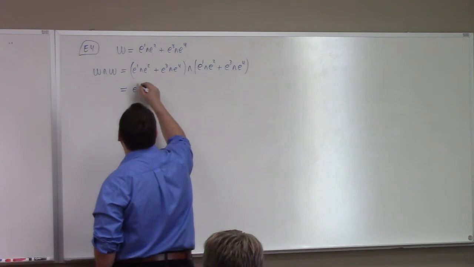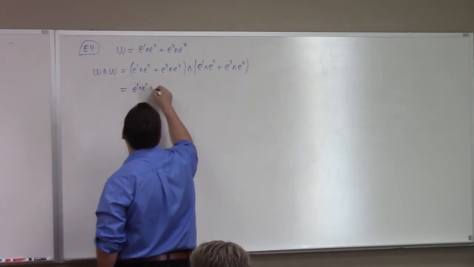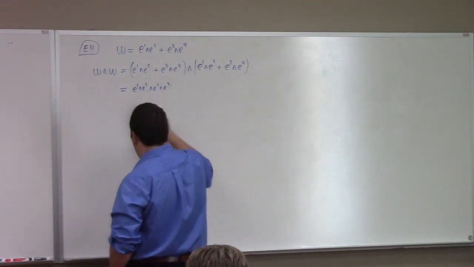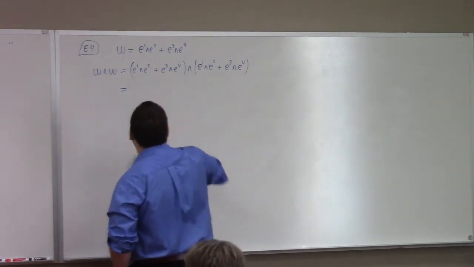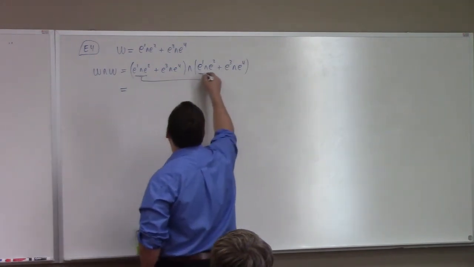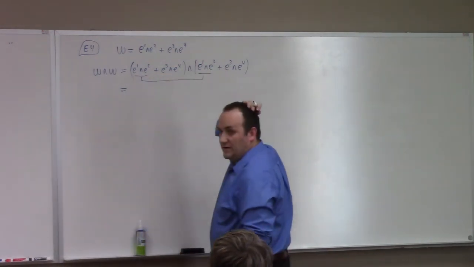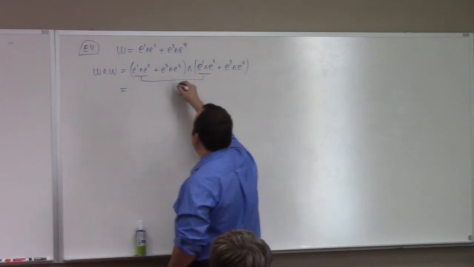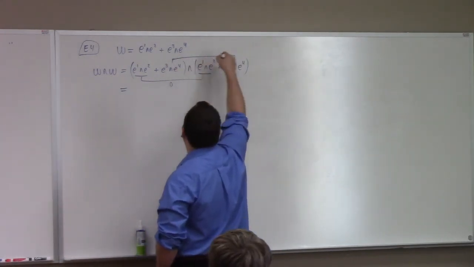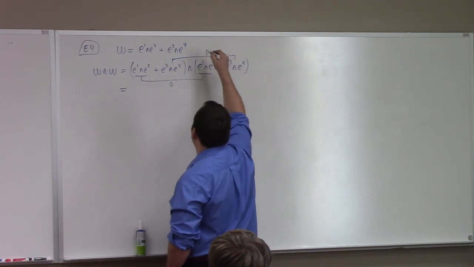So anyway, E1 wedge E2 wedge E1 wedge E2. Actually, if you don't mind, I'm not going to write that down. When we take the wedge product of this and this, since there's a repeated E1 and a repeated E2, that's 0. When I take the wedge product of this and this, I get an E3 repeated, so that works out to 0.